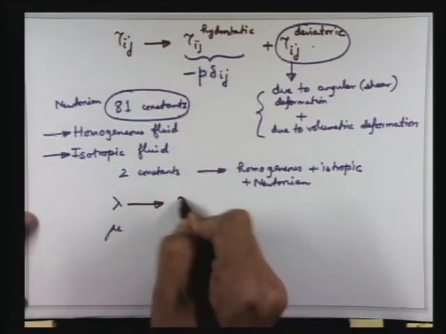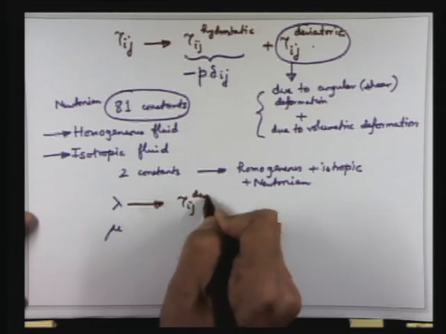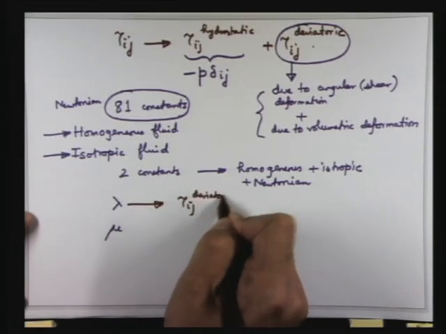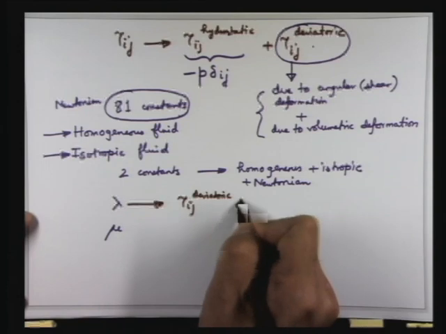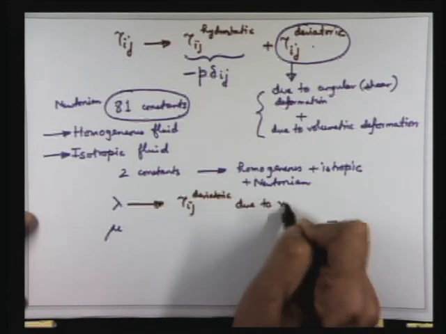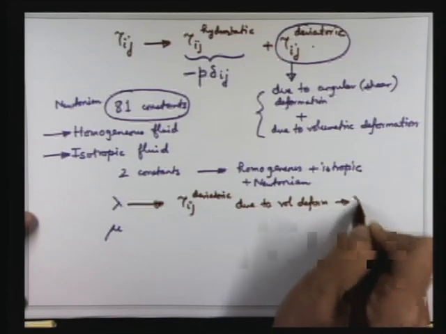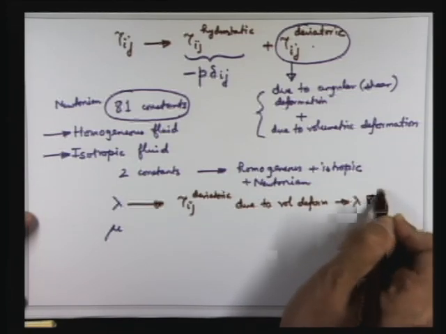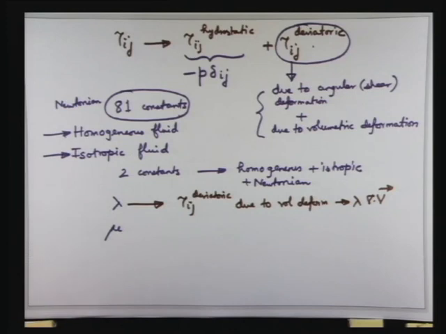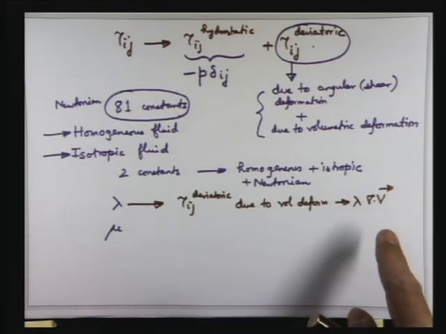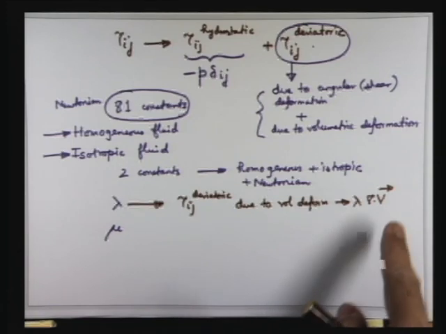So tau_ij due to volumetric deformation is lambda into the rate of volumetric deformation, the volumetric strain. It was derived by Professor Shom that the rate of volumetric strain is nothing but the divergence of the velocity vector.